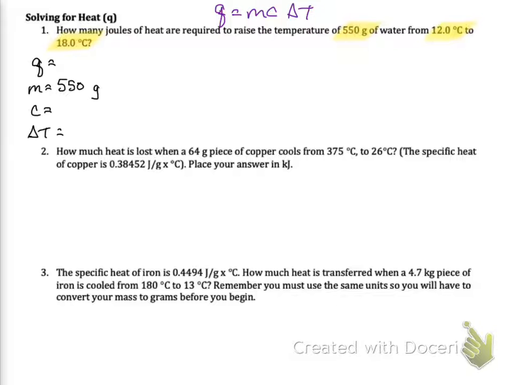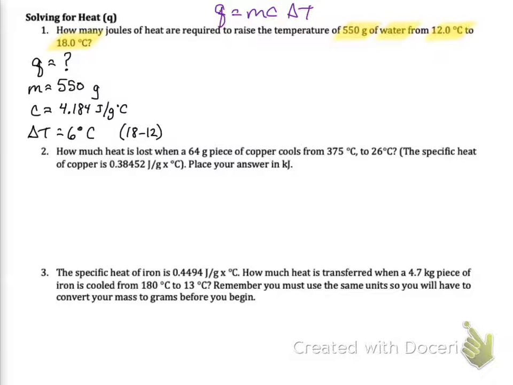We're told that it's water, which means that the specific heat is 4.184 joules per gram degree Celsius. And then delta T, it went from 12 to 18. So if we take 18 minus 12, the change in temperature was 6 degrees Celsius. And we are solving for energy.